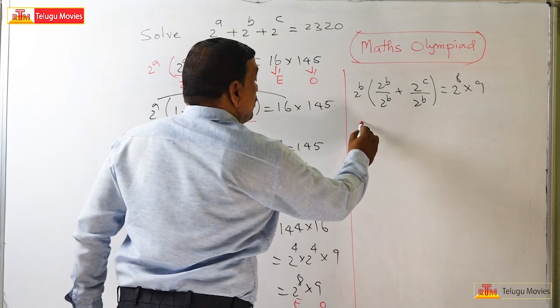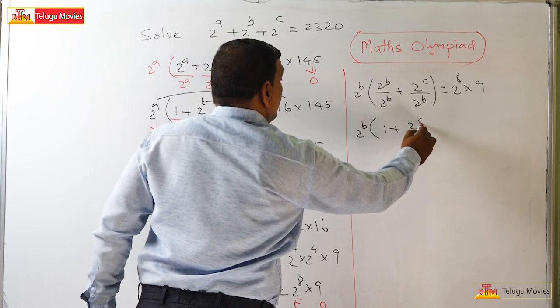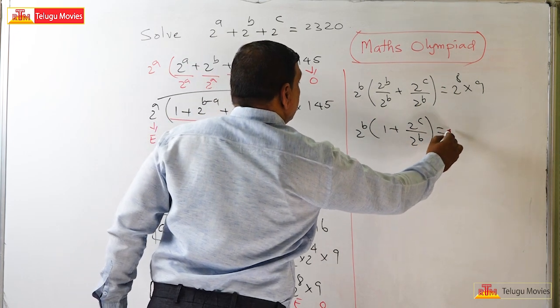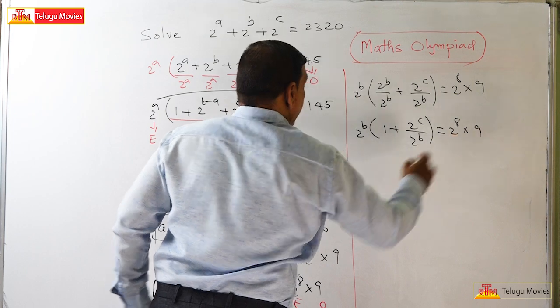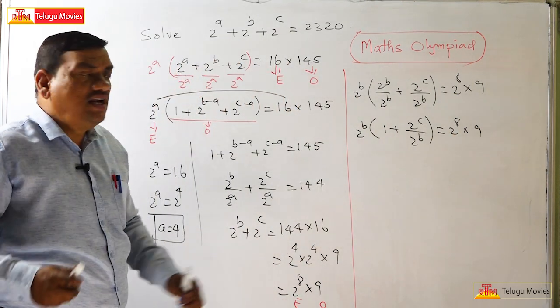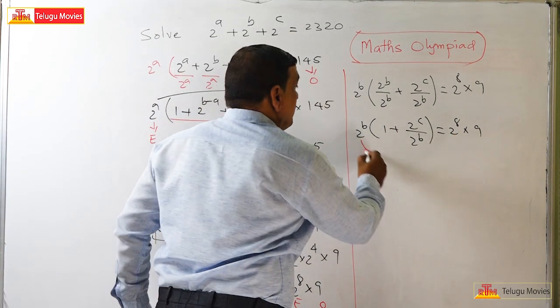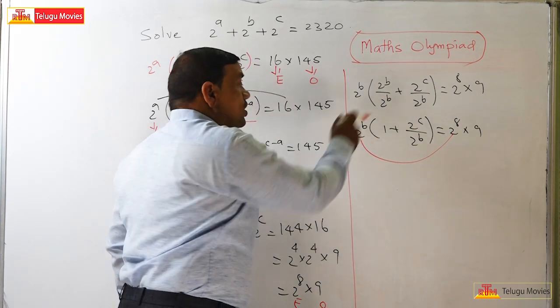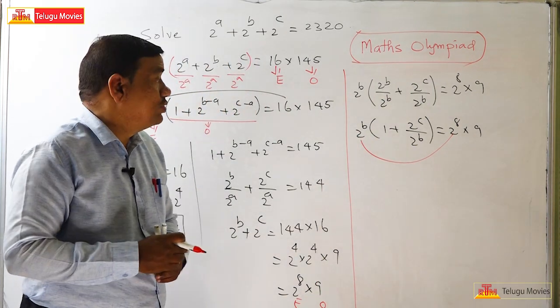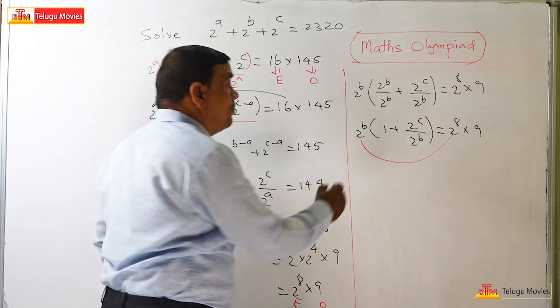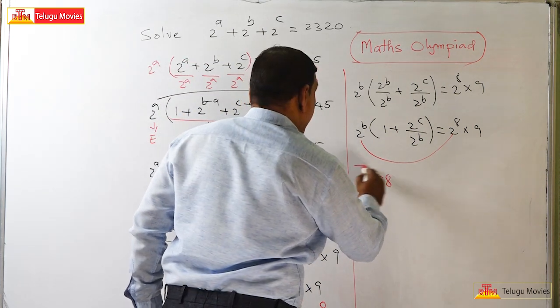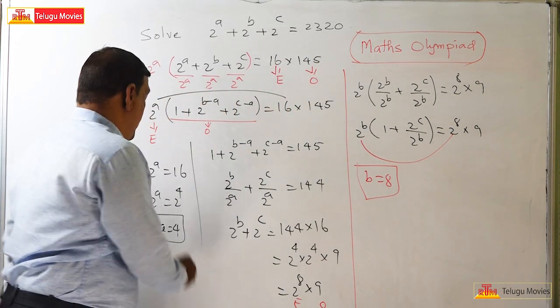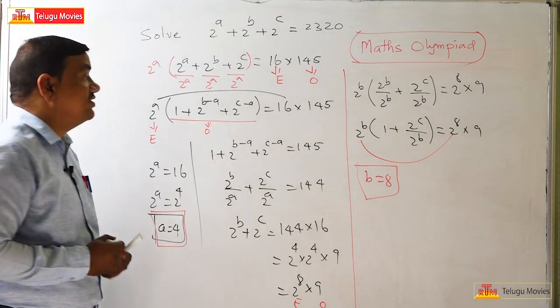Understand? So this is equal to 2 power b into (1 plus 2 power c by 2 power b) is equal to 2 power 8 into 9. Clearly 2 power b is an even number, this is an odd number. 2 power b is equal to 2 power 8, therefore b is equal to 8. Here a is equal to 4, b is equal to 8.